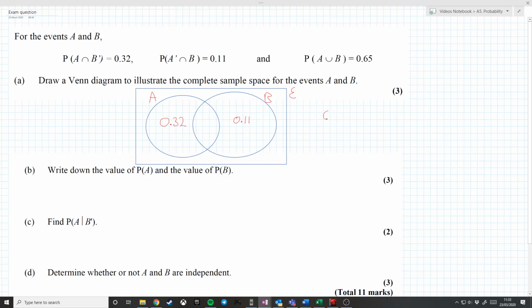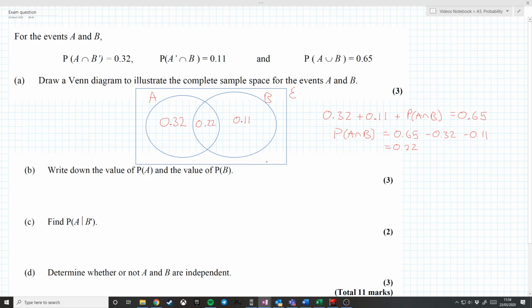So that means that 0.32 plus 0.11 plus the intersection, this bit that we don't know yet, the probability of A intersect B, must be equal to 0.65. So if I take 0.65, that means that the intersection must be equal to 0.65 minus 0.32 minus 0.11, which is 0.22. So this must be 0.22.